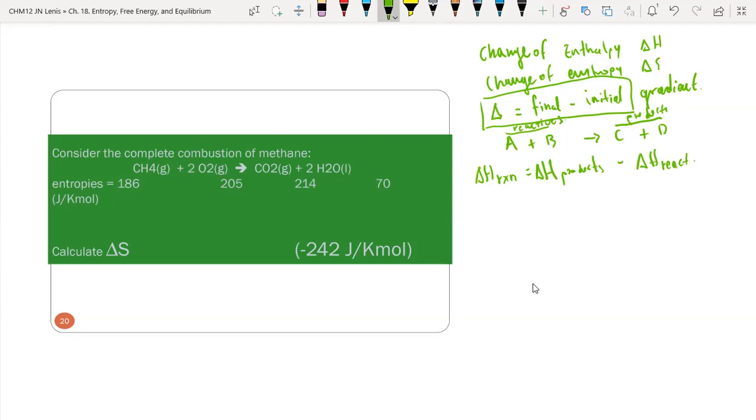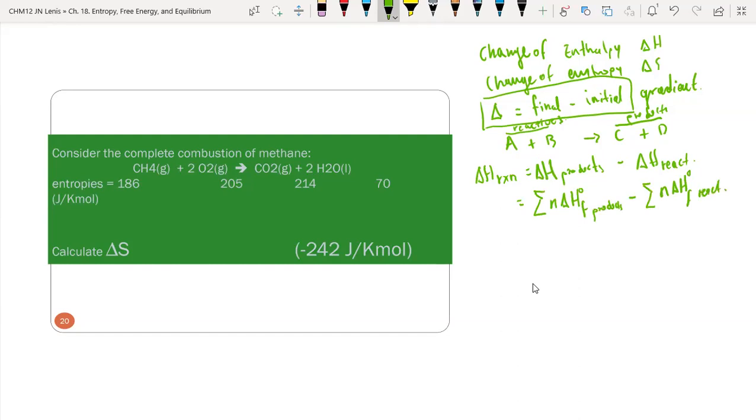So a more decent definition of delta H of the reaction will be: what is delta H of products? It is the sum of n delta H standard of formation of products minus the sum of n delta H standard of formation of reactives.